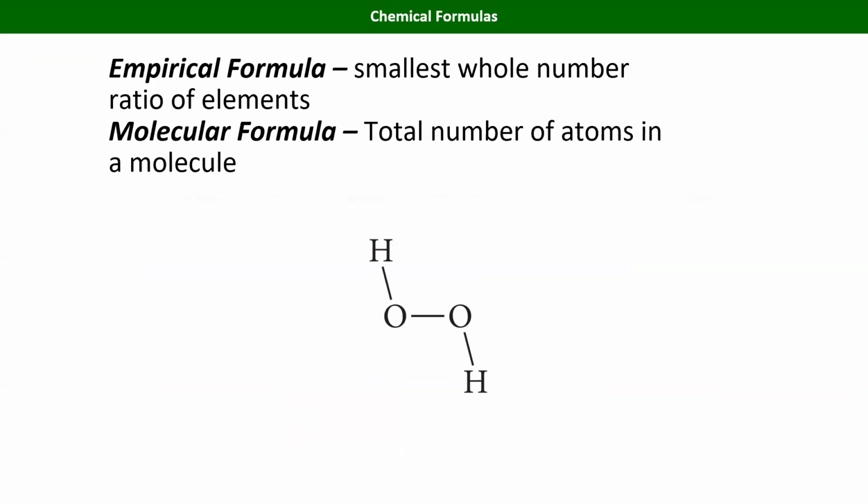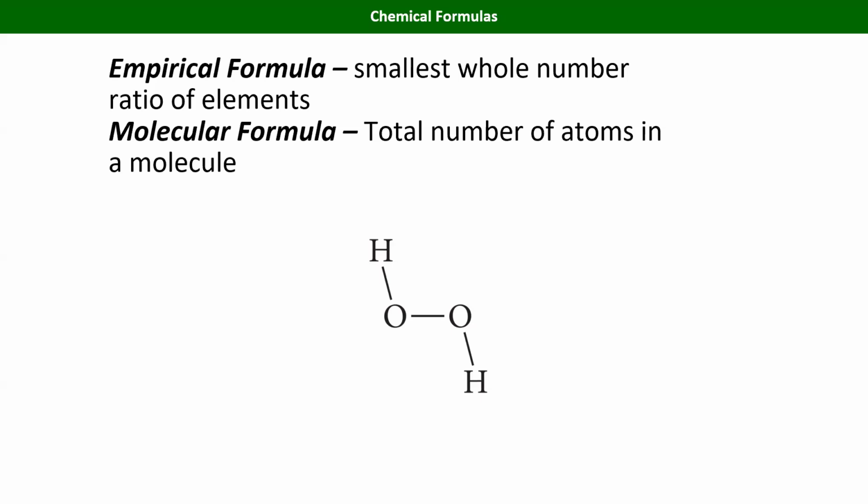When we were talking the other day about covalent compounds, we made the point that it's not always the lowest whole number ratio. With ionic compounds, the formula is always the lowest whole number ratio, because we're just looking for whatever makes the charges balance out. But with covalent compounds, they don't actually split apart. So we're not actually looking for the lowest whole number ratio.